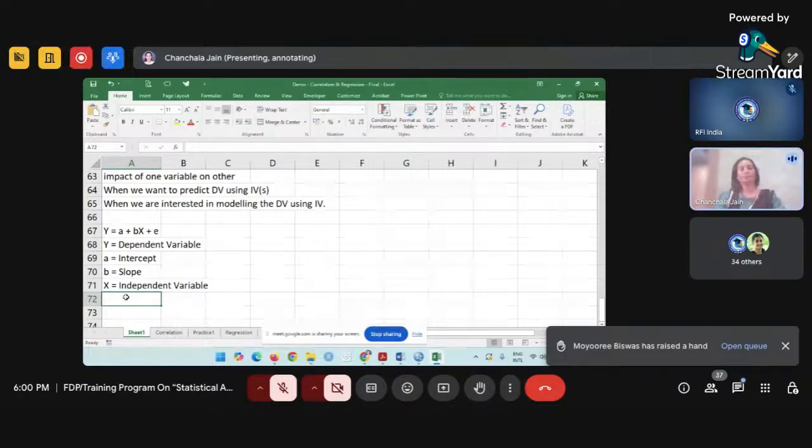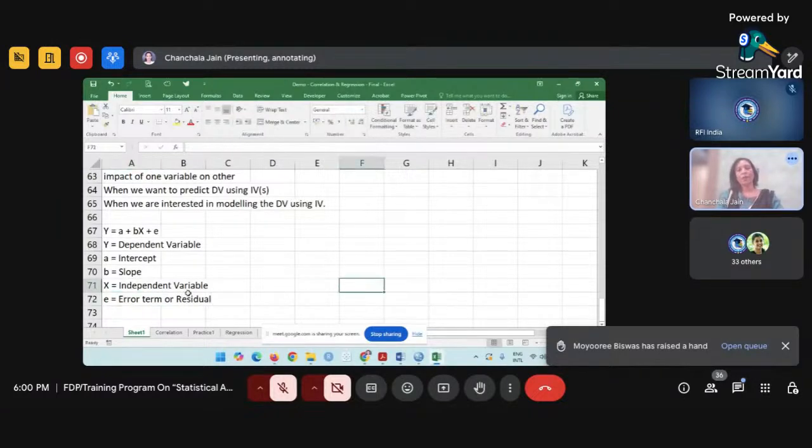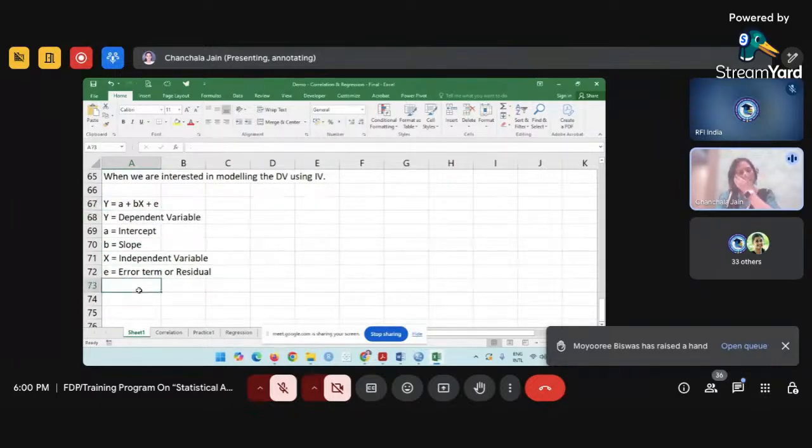That is the error term, or residual. What this e is, is the error term.